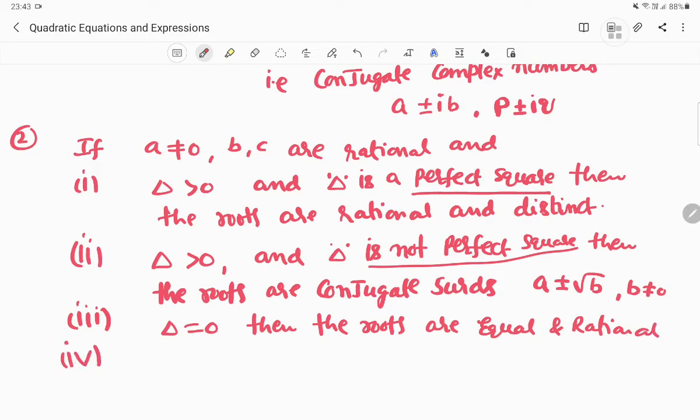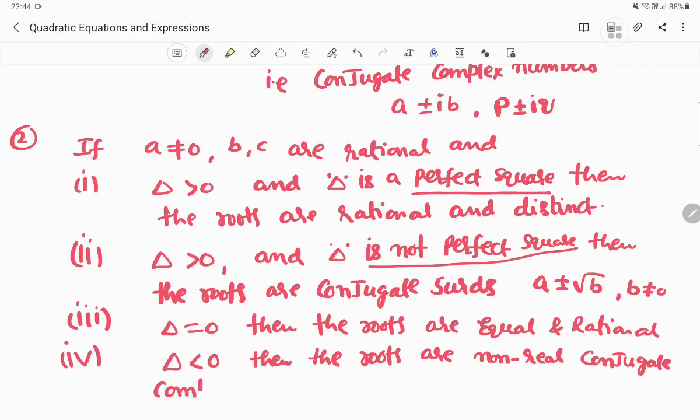The last one, the fourth property: if delta is less than 0, then the roots are non-real conjugate complex numbers, that is, like a plus or minus ib or p plus or minus iq.